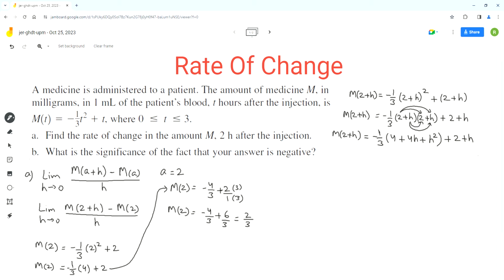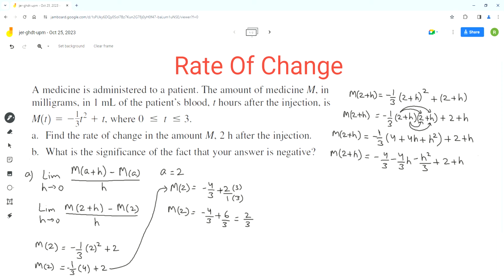Now we can distribute this negative 1 over 3 into the parentheses. So we get M(2 + h) equals negative 4 over 3, and then negative 4 over 3 h, and then negative h squared over 3, and then plus 2 plus h.